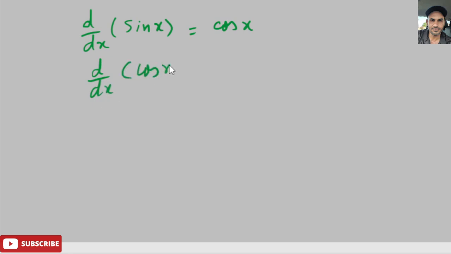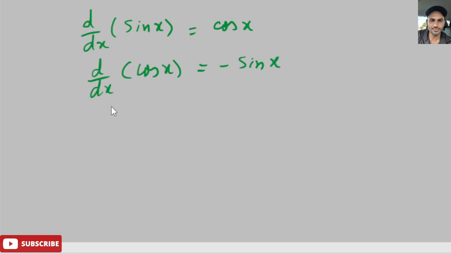Now let me write this down. The derivative of sine of x, d over dx of sine of x, equals cosine of x, and d over dx of cosine of x equals negative sine of x.